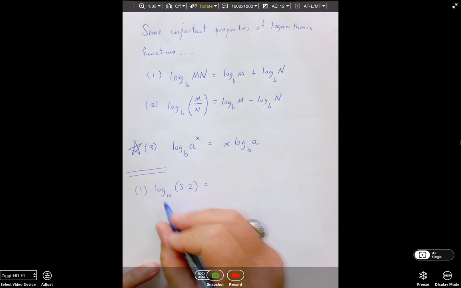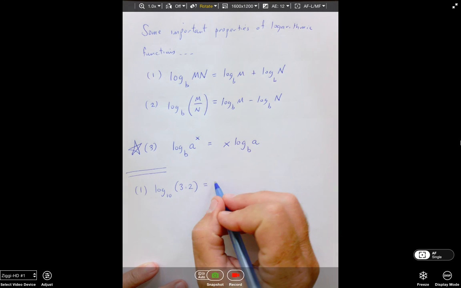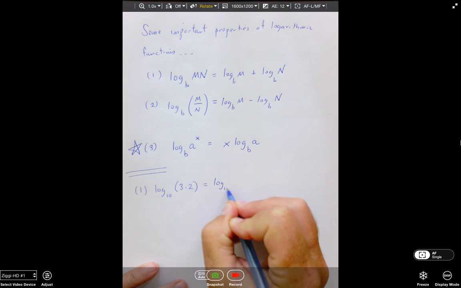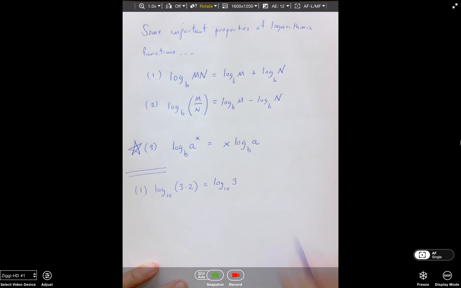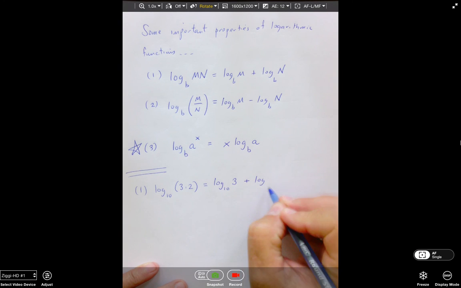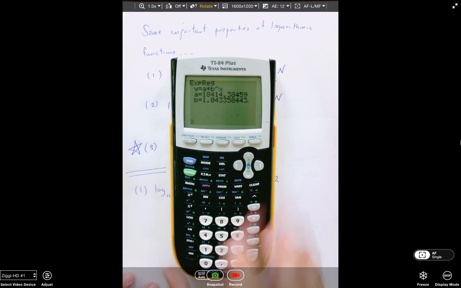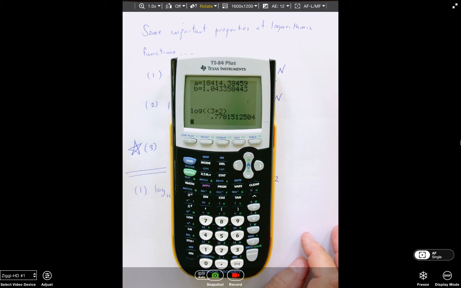So this is telling us that log base 10 of 3 times 2 can be rewritten as log base 10 of 3 plus log base 10 of 2. So let's try that out. We've got the log of 3 times 2, which is 0.778151254.